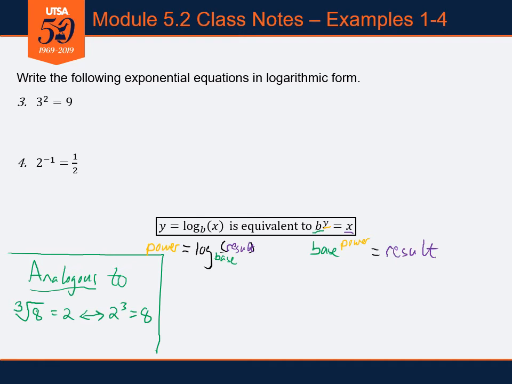What's happening here is we're kind of shuffling things around, just like in the little analogous radicals and powers. We're shuffling the numbers around and converting between radical form and power form. The same thing is happening here. We just have to get used to that transformation, get used to that transition.